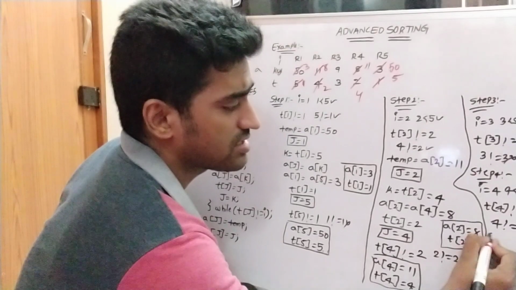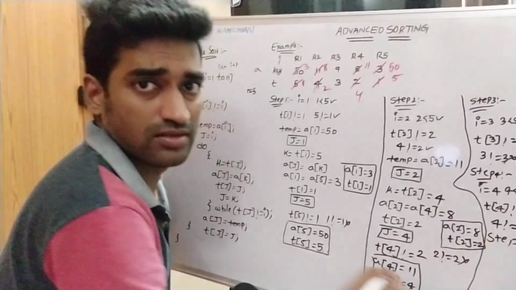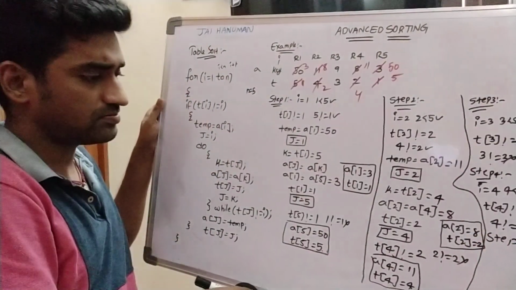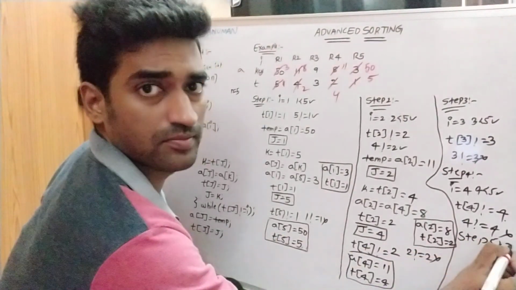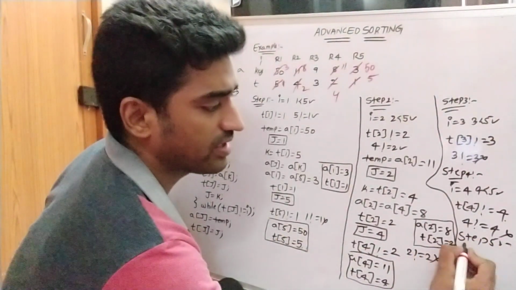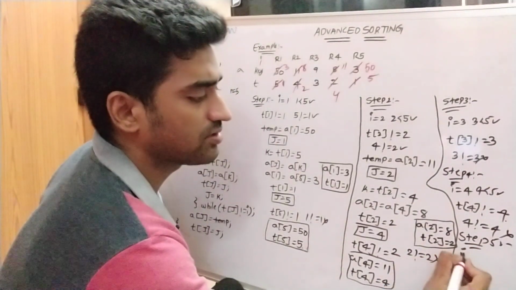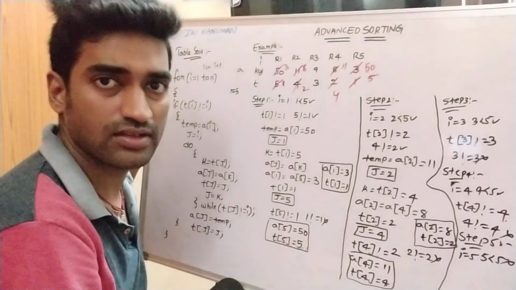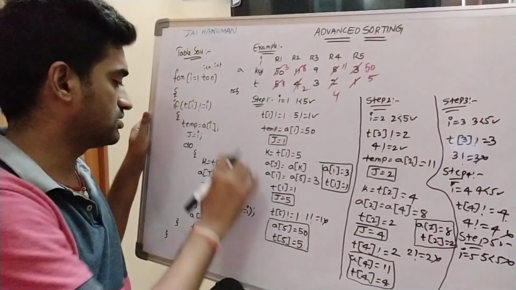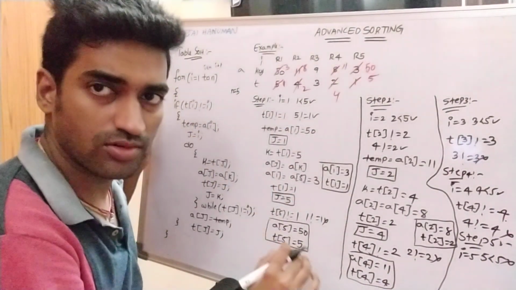So just I is incremented by 1. Right? So go to step 5. So in step 5, I is equal to 5. So 5 less than 5. So the condition is failure, right? So the control will be passed out of the loop, right?